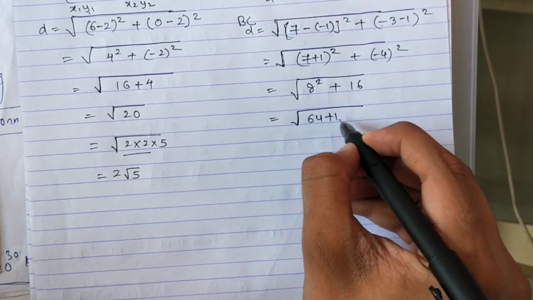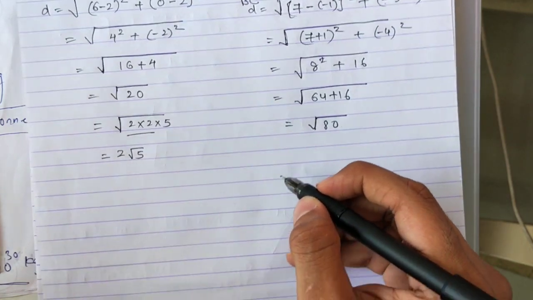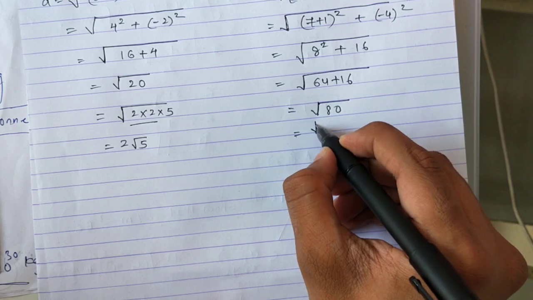So 64 plus 16 is root 80. Okay, let's simplify this also.